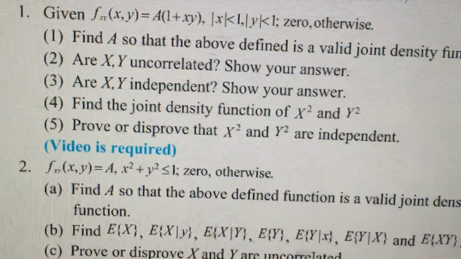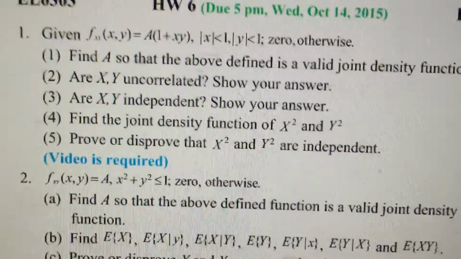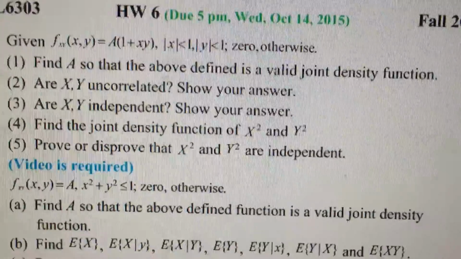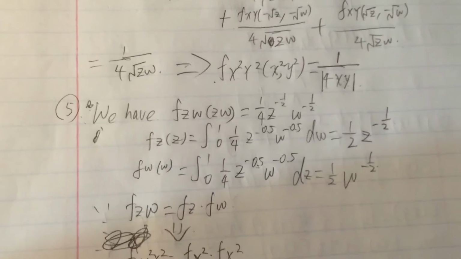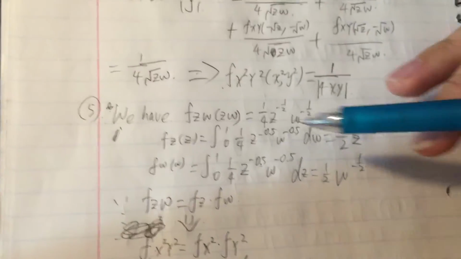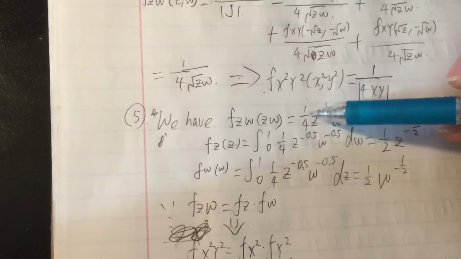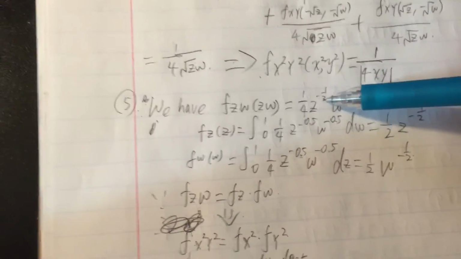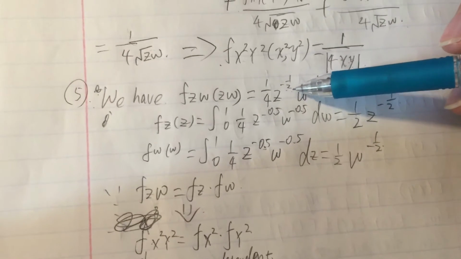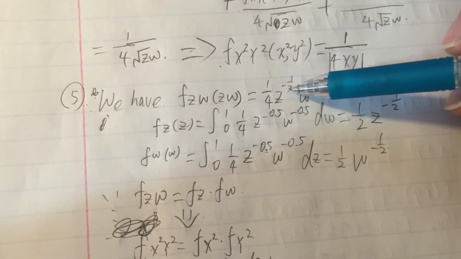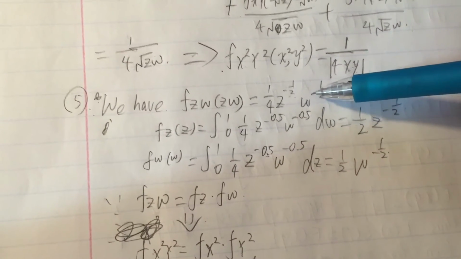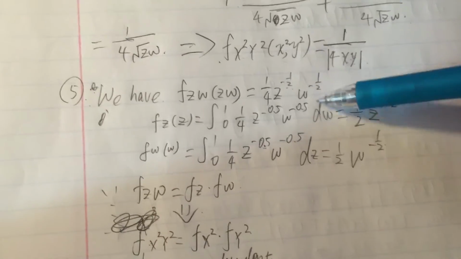And for the fifth question, prove or disprove that x squared and y squared are independent. Since we have the density function of z and w equal to 1 over 4 times z to the negative 0.5 times w to the negative 0.5.